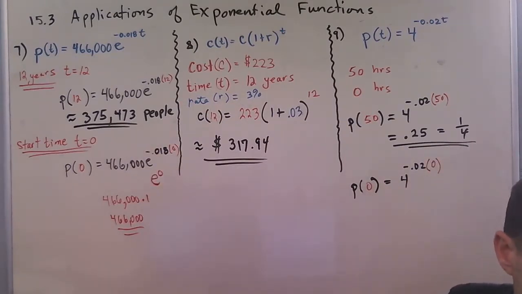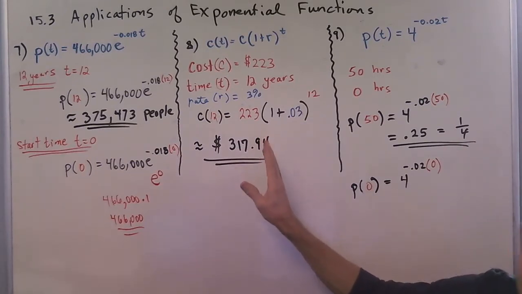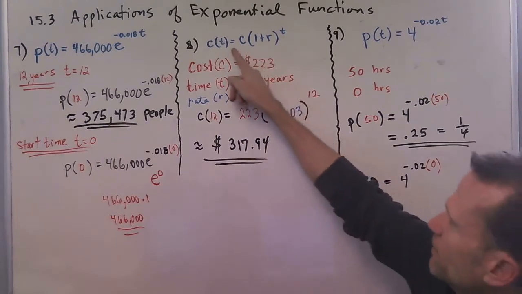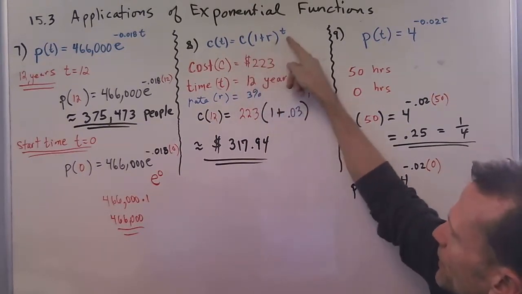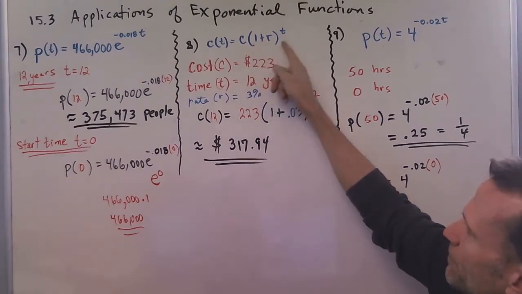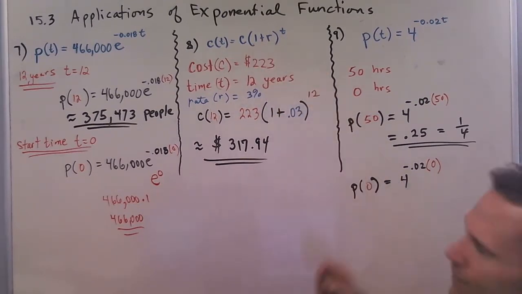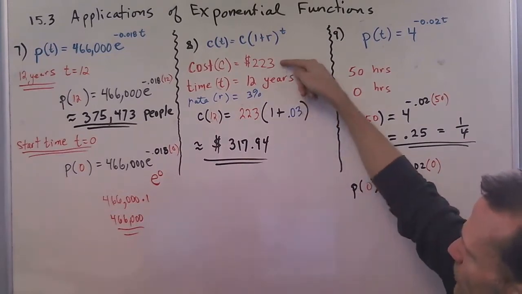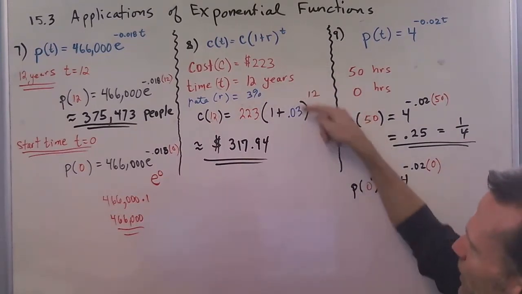Now this next problem talks about inflation, and this is the inflation model here, and you see we have our cost of a bicycle, the rate of inflation, and after a certain number of years. So we have a bicycle that costs $223.